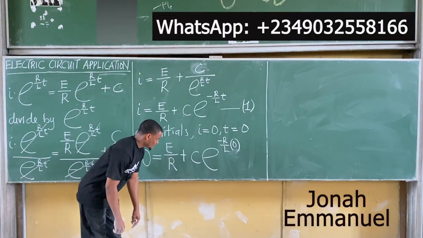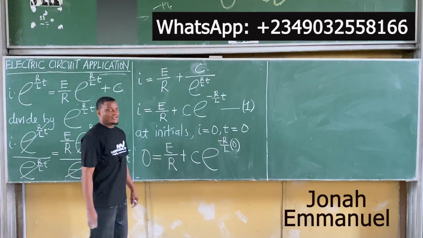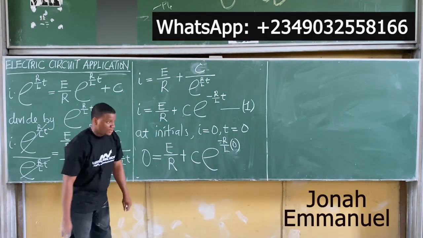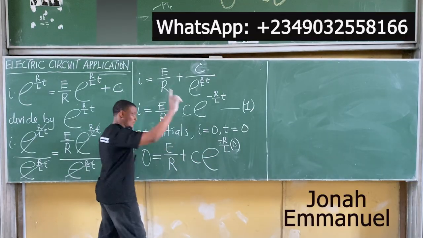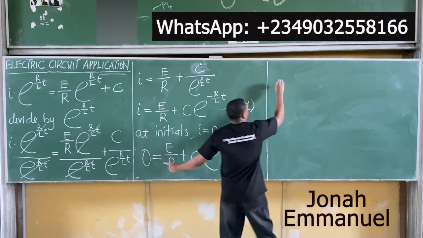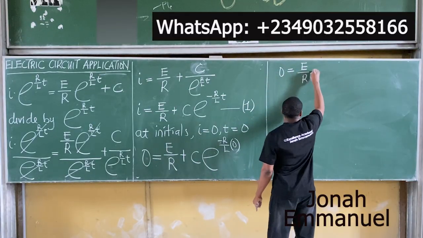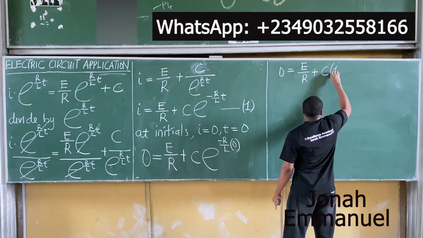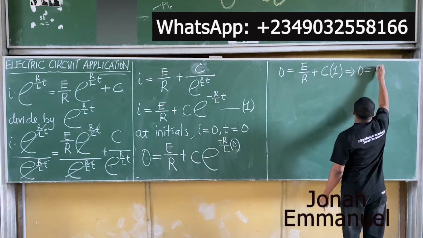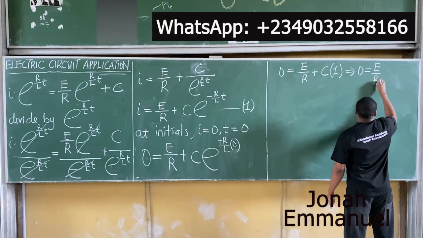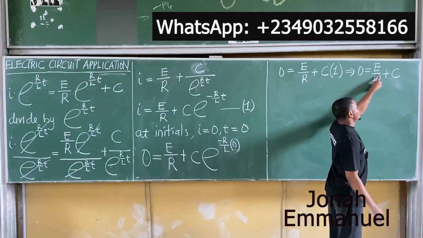From here, 0 times anything, whether positive or negative, gives you 0. So this becomes exponential 0. Exponential 0 is 1. So I have that 0 is equal to E over R plus C times 1, which gives C. Move this over here.